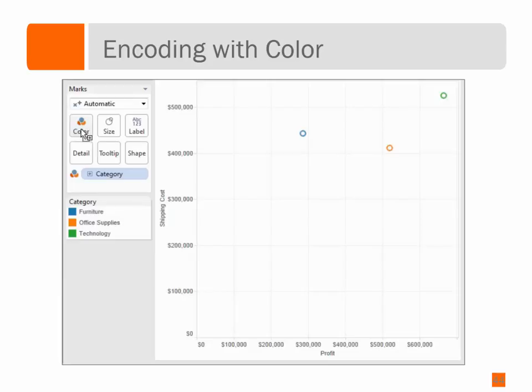These track very closely with Bertin's variables of data visualization that many of you may remember: X, Y, Z, color encoding, texture, etc. Here we've dragged our category field to color, and then we see our three unique data points, each representing either furniture, office supplies, or technology.